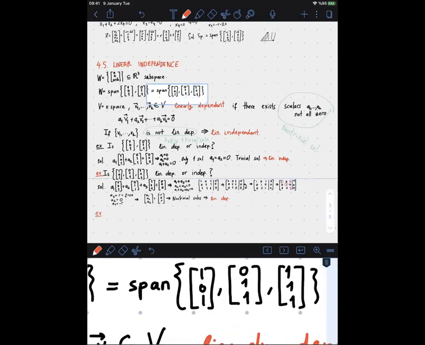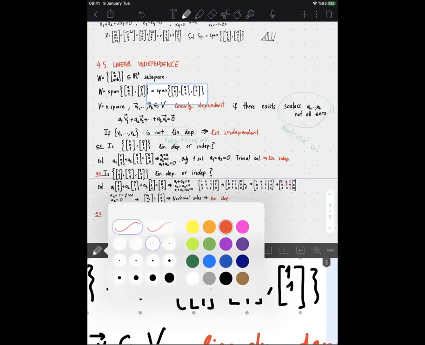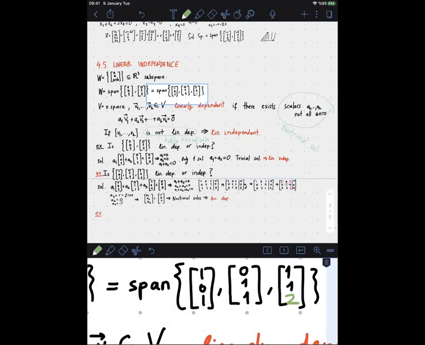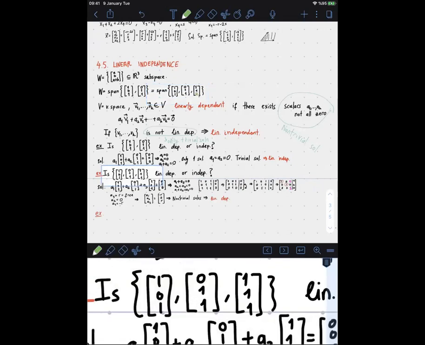Okay, so if I add these two vectors, I get a 2 here, right? So this should be 2. That was my mistake. Let's use green color. So in fact, these three vectors are linearly independent. That's what we showed. These three vectors are linearly independent, but these three vectors are linearly dependent.